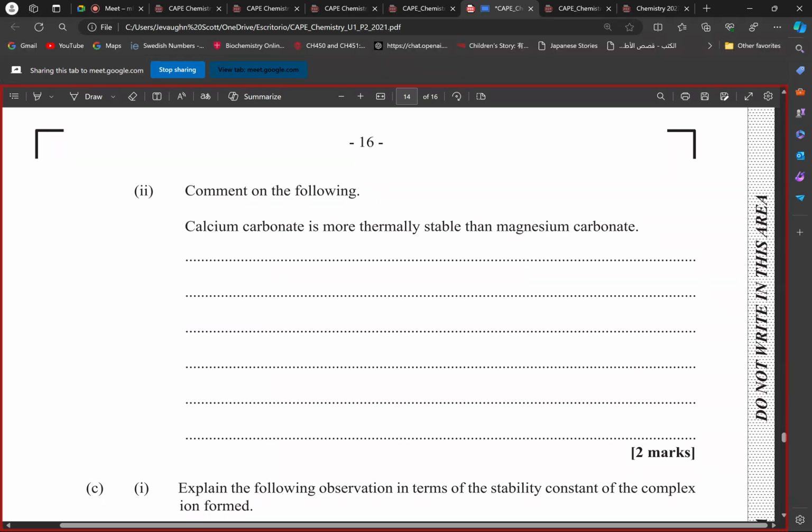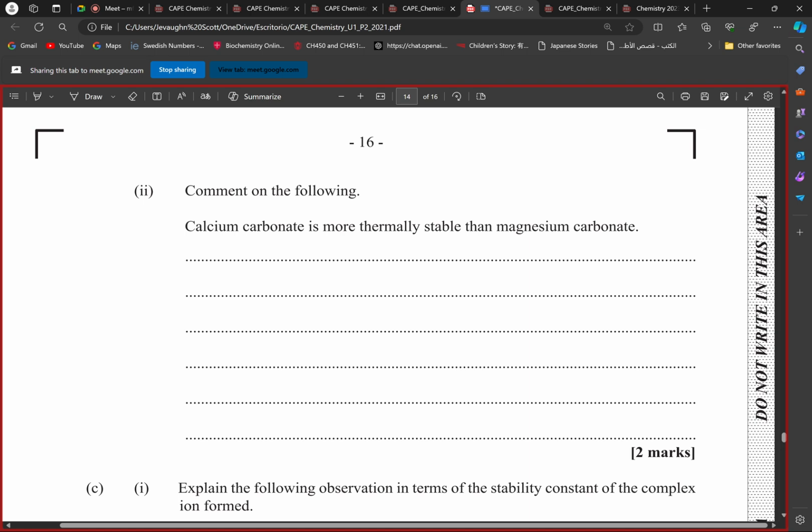The smaller cations have higher charge density, leading to stronger polarization of the carbonate, and the stronger polarization decreases covalency of the bond between the carbonate and the metal and allows them to decompose easier. So it allows the bond to be broken between the cation and the carbonate ion, leading to that decomposition.